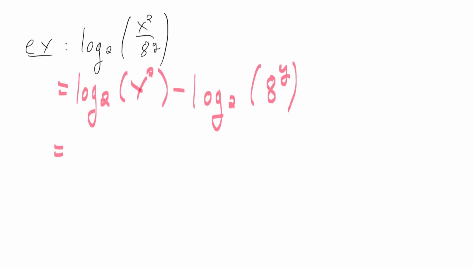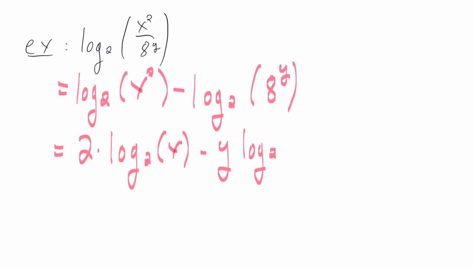I'll use my exponent trick to say that this is 2 times log base 2 of x minus y times log base 2 of 8. So great, things are continuing to get simpler. And I think there's one more natural observation to make, which is that log base 2 of 8 is simply equal to 3.